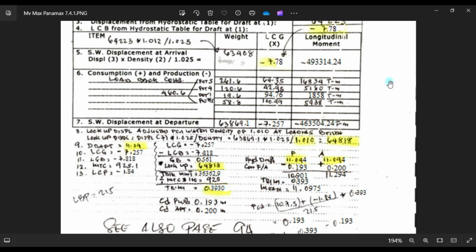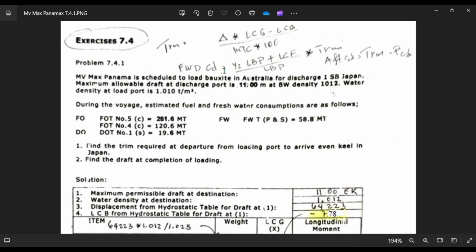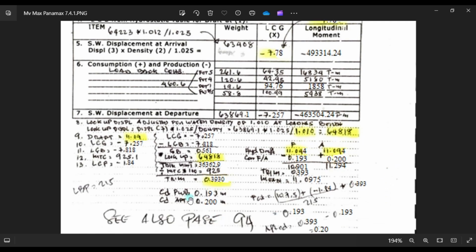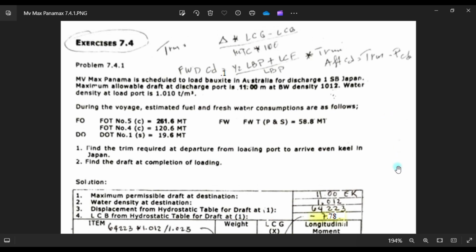Now, once you get this final trim or departure trim, you have to get your forward change of draft. The forward change of draft is one half of your LBP plus your LCF over LBP, multiplied by your departure trim.